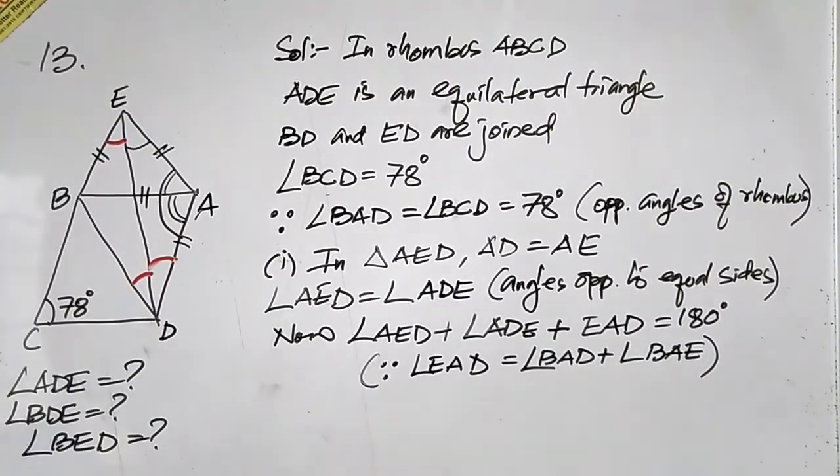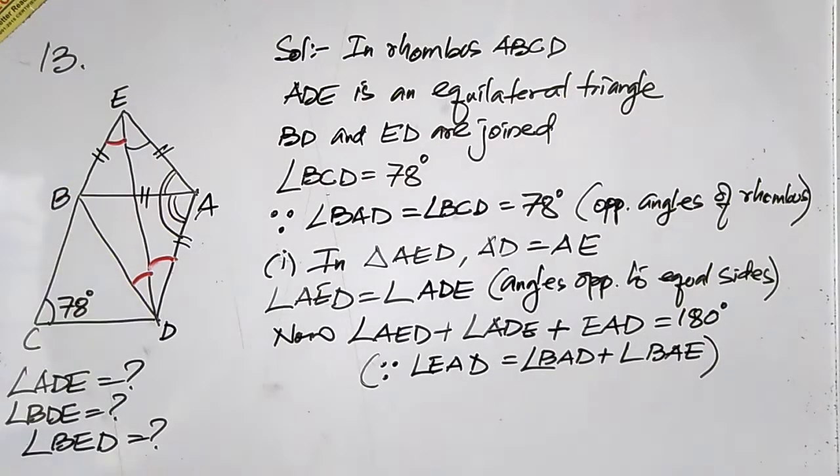So now it is clarified how we can find this angle EAD. Okay, so how much will angle EAD be? Angle BAD is how much? 78 degrees, because BCD is equal to BAD. They are opposite angles.